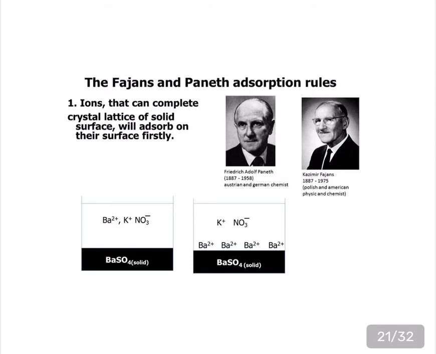The electrolytes are dissociated and as a result, barium, nitrate and potassium ions are present in solution. According to the first rule, only the barium ion can adsorb on the solid surface because only the barium ion can complete the crystal lattice of barium sulfate.